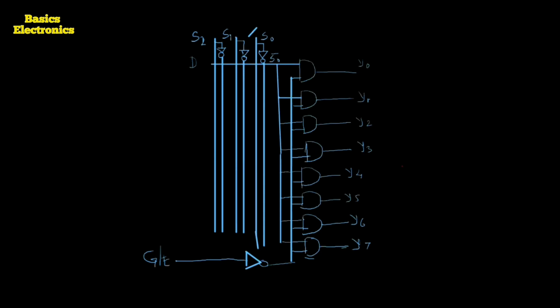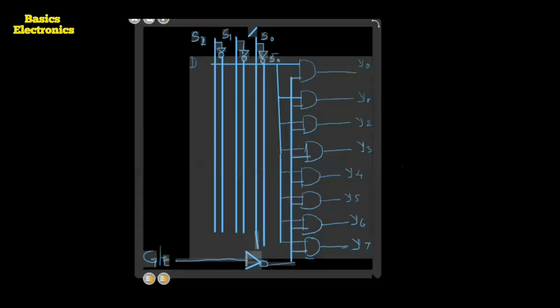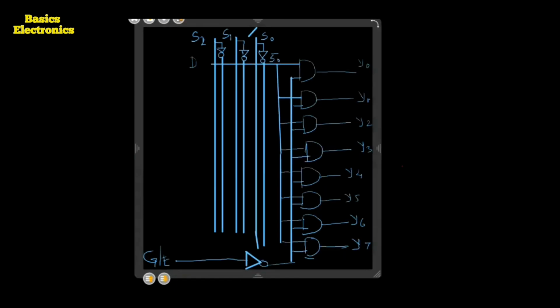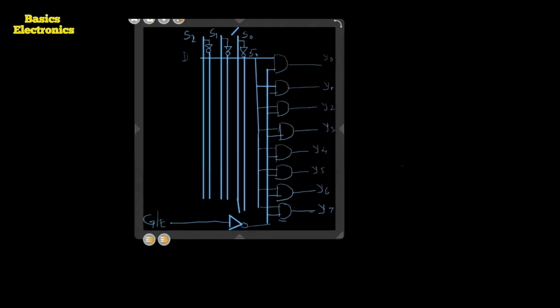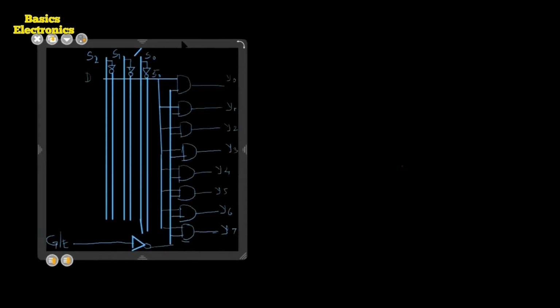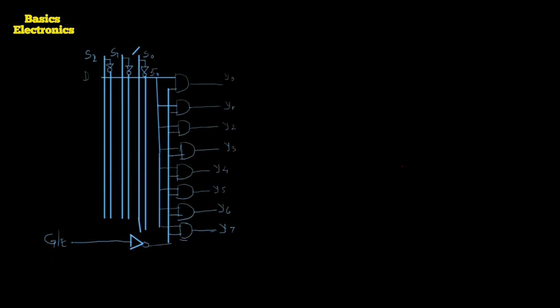The truth table is as per our need. In the truth table, we just use the select inputs and the output selected. I am going to draw here the truth table, and as per the truth table, we make the connections.